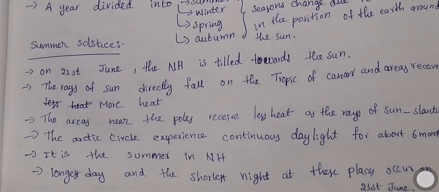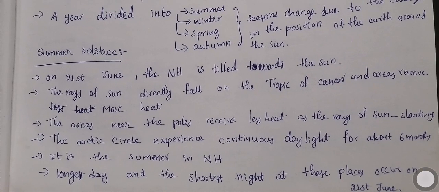The areas near the poles receive less heat because the rays are slanting. Due to the curvy nature of the earth, the sun rays fall slanting near the poles. Hence, the areas near the poles experience lower temperatures.